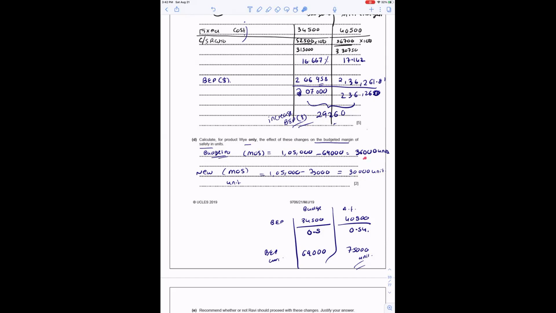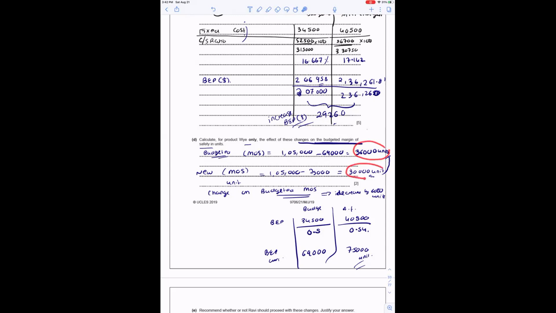So what is the change on the budgeted margin of safety? They want the change on budgeted margin of safety. The budgeted margin of safety would decrease by 6,000 units. Initially, you were 36,000 units safe.